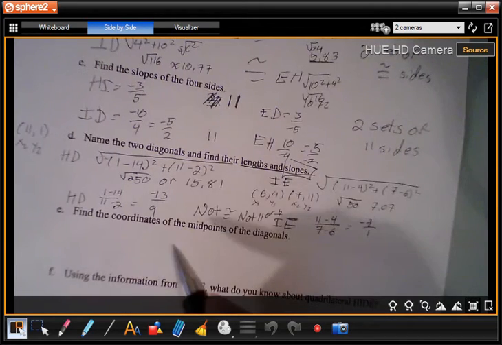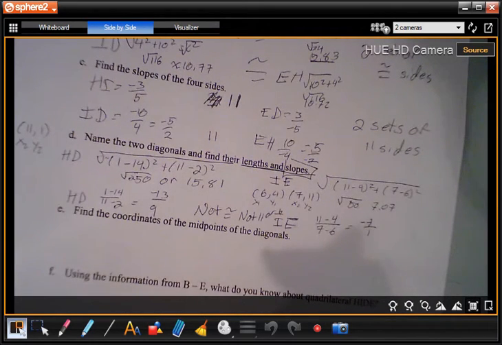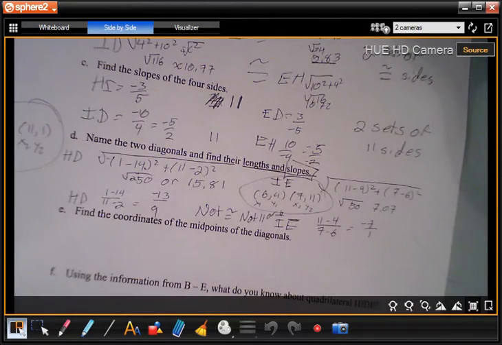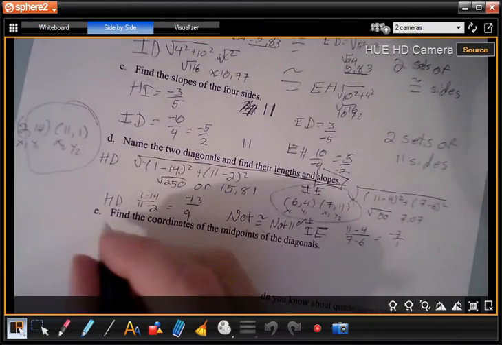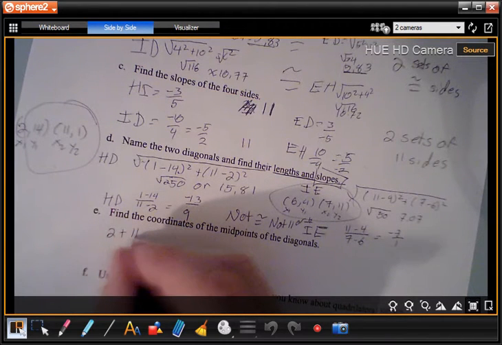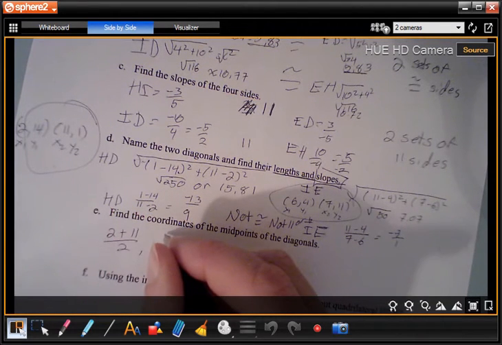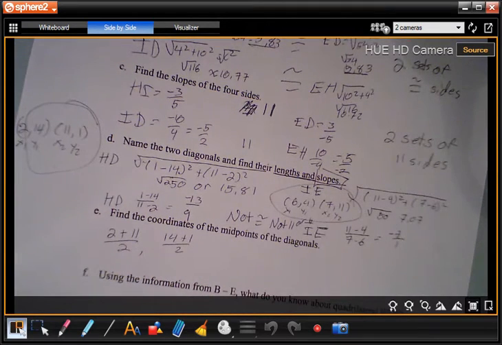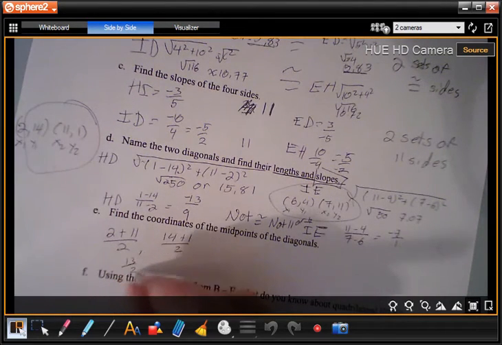So we're going to find the midpoints. The midpoints means it bisects. So we're going to take these and these again and find the midpoints of them. Remember, midpoint is adding the x's, divide by 2, adding the y's, divide by 2. So we are going to end up with 13 over 2 and 15 over 2.